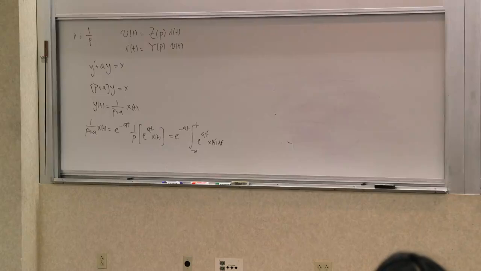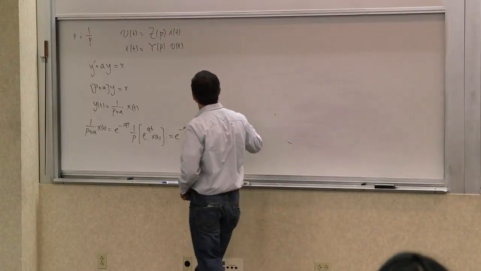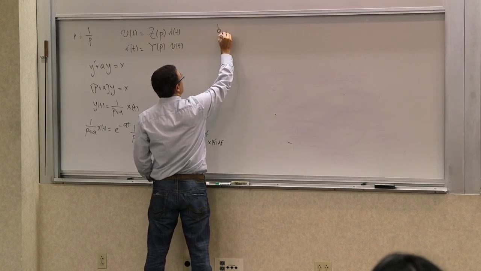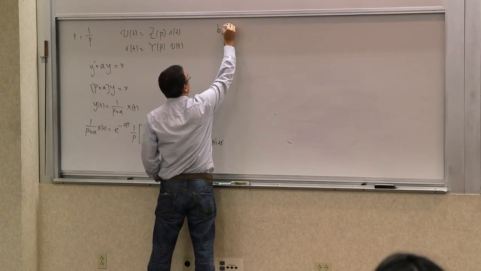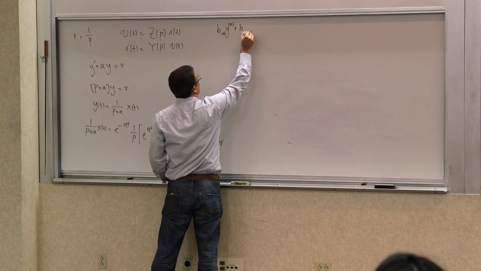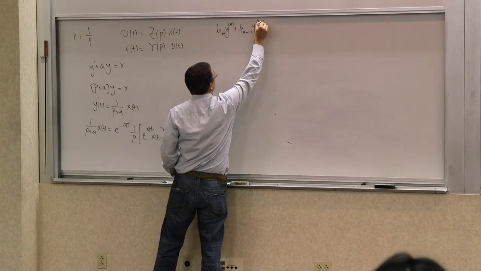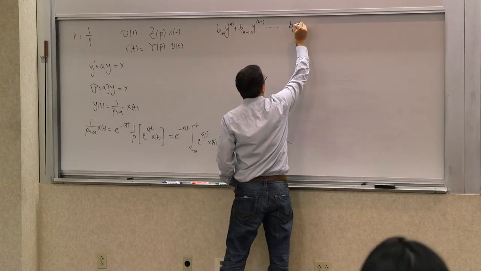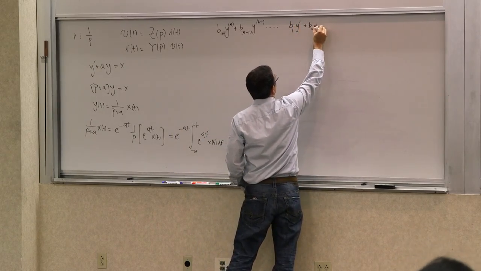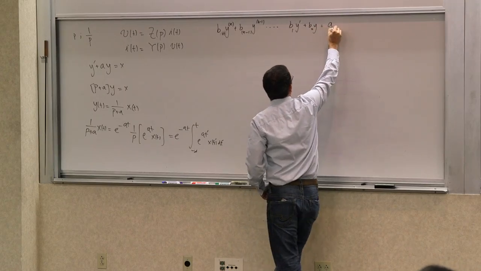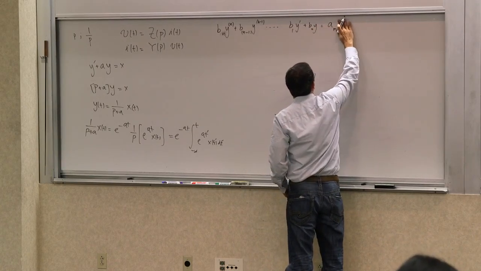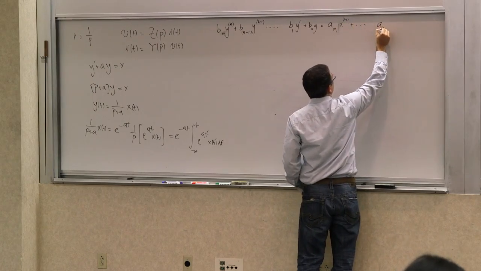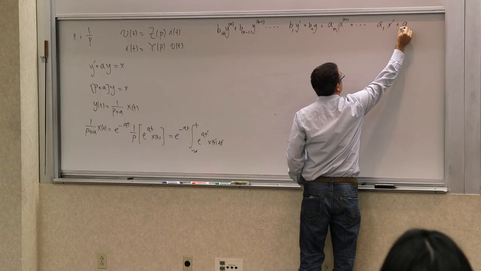Then we saw that in general, if you have an nth order system, which corresponds to an nth order differential equation with coefficients such as bn y nth derivative plus bn minus 1 y to the n minus 1 derivative all the way to b1 y prime plus b0 y being equal to am, the mth derivative of x all the way to a1 the first derivative plus a0 x.